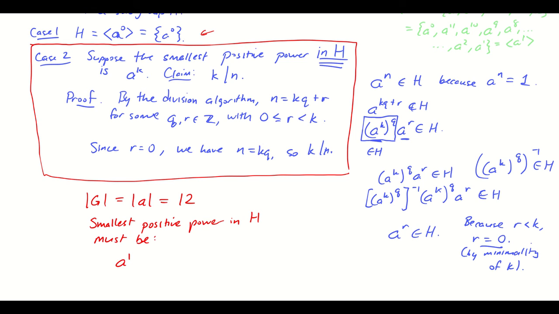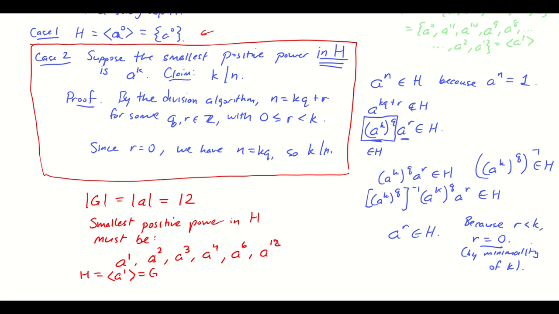Must be either a to the first, in which case I'm just dealing with the whole group. So that's the one in which I get all of g. Or a squared, or a cubed, or a to the fourth, or a to the sixth. I guess I could also say a to the 12th.